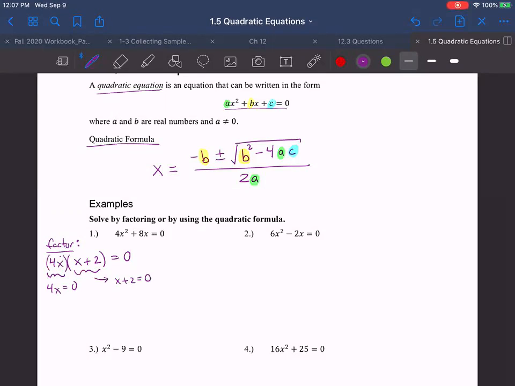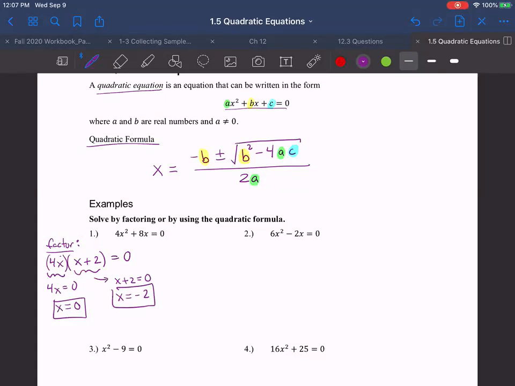Anything that does that will be a solution for us. So over here, we divide both sides by 4, and we get x equals 0. That's one of our answers. And for this one, we subtract 2 from both sides, and we get x equals -2. That's the other one of our answers.